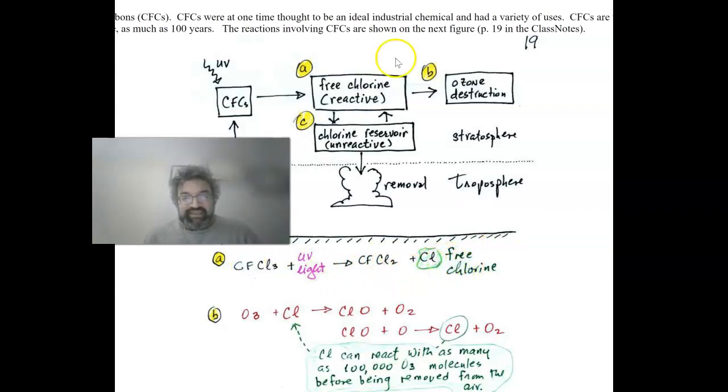So that's A, and that corresponds to A. B is ozone plus Cl, that yields ClO plus O2. So that's how ozone destruction is happening. And then ClO plus O yields chlorine gas plus oxygen. This is that free chlorine.